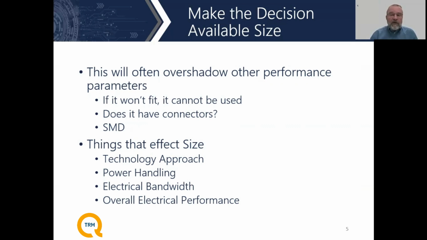Broadband parts tend to have more degraded electrical performance just based on additional line length. So things like insertion loss and isolation tend to be not quite as good for a broadband part as what you get for a narrowband part. So these are all things that we have to be cognizant of as we're making the decision as to what sort of device we're going to end up with.